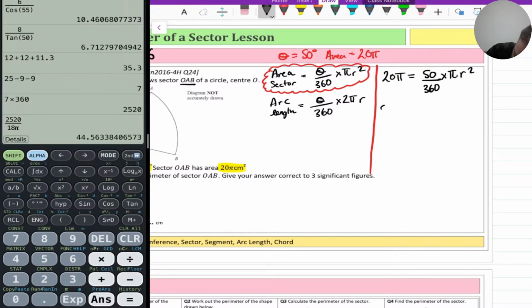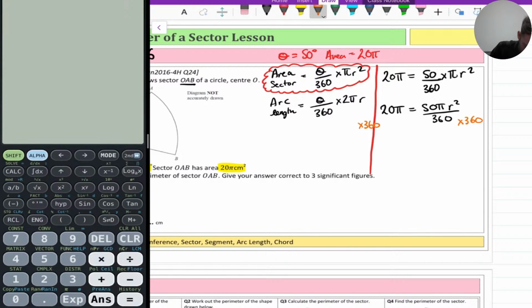We'll simplify that. 20 pi is equal to 50 pi r squared over 360. We're then going to times both sides by 360. So we end up with 20 pi times by 360 is equal to, let's keep it in terms of pi for now, 7,200 pi, which is equal to 50 pi r squared.